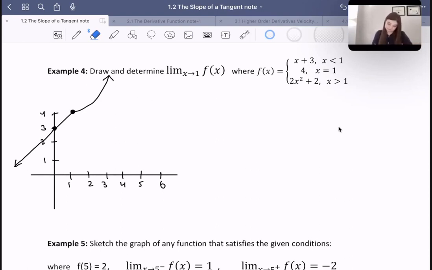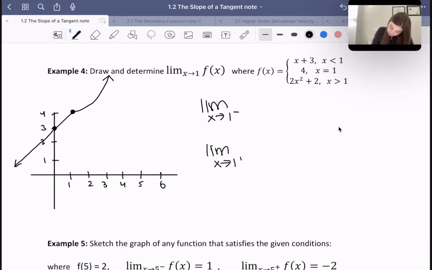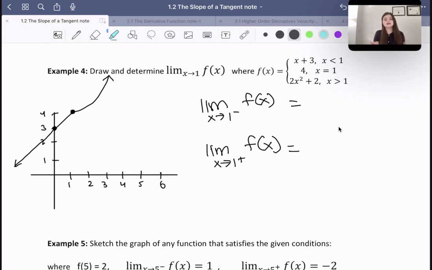Okay, so now let's figure out if the left-hand limit and the right-hand limit are the same. The limit as x approaches 1 from the left is 4.